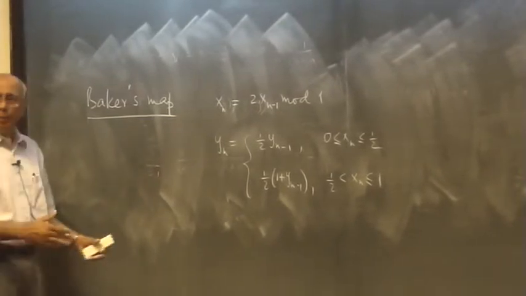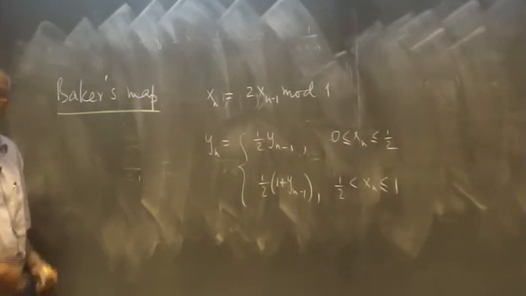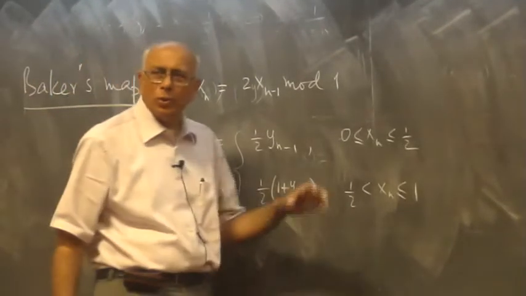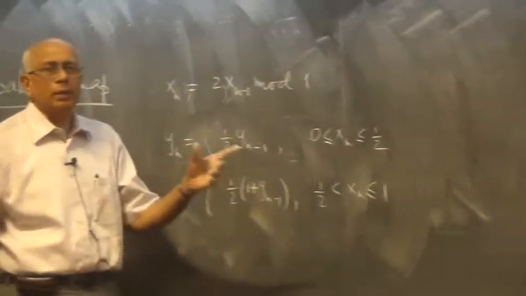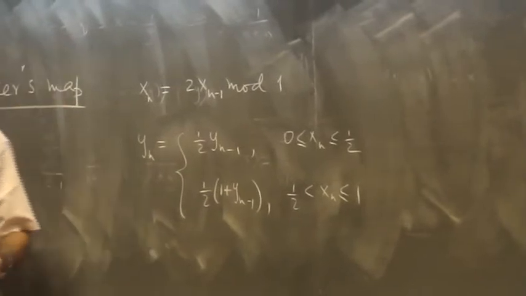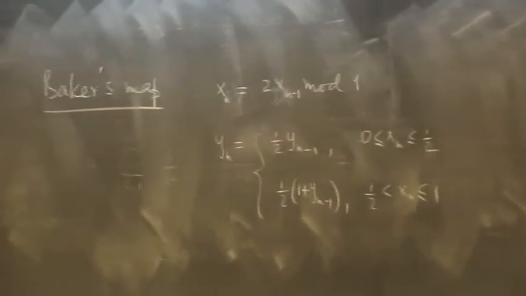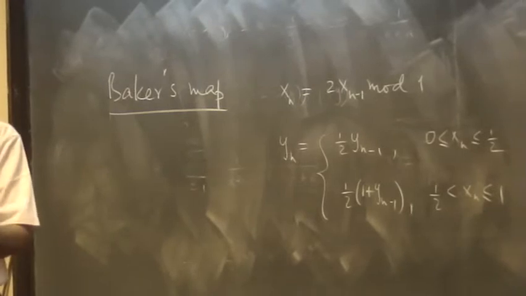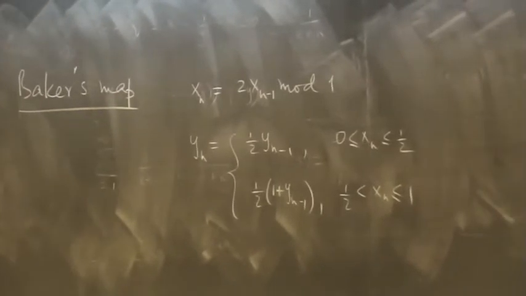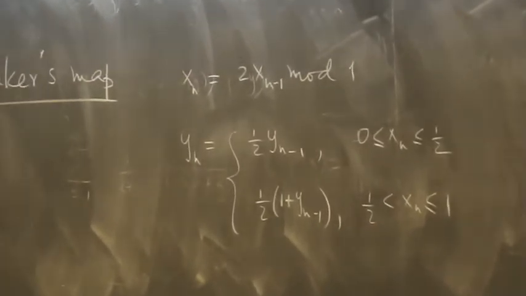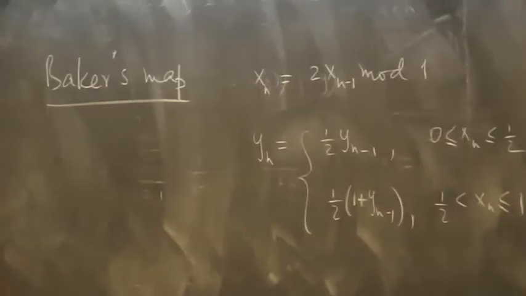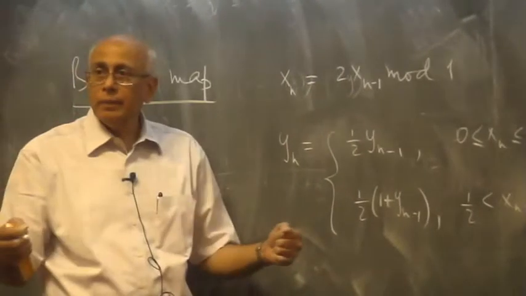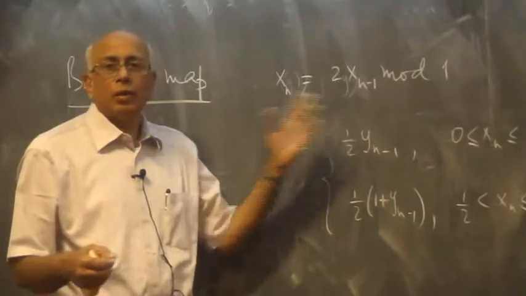Now, this map exhibits chaos, and you can kind of see what it's going to do almost by inspection. Because it will have now 2 directions, 2 Lyapunov exponents. So every volume element will get distorted, and you can look at the two orthogonal directions x and y and ask what happens in the x direction, what happens in the y direction. In the x direction there is stretching by a factor of 2.